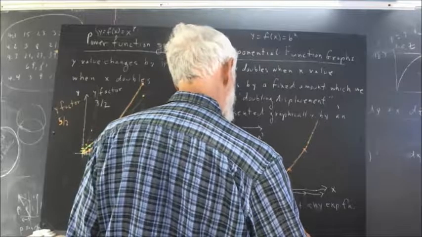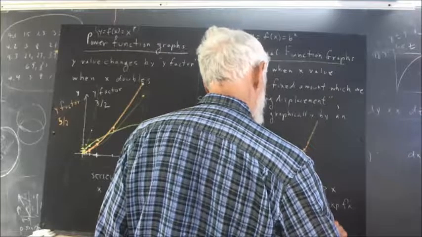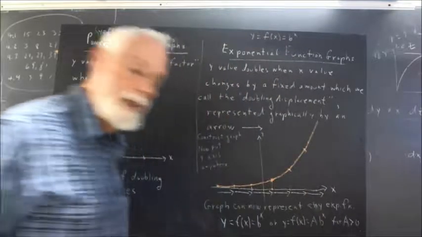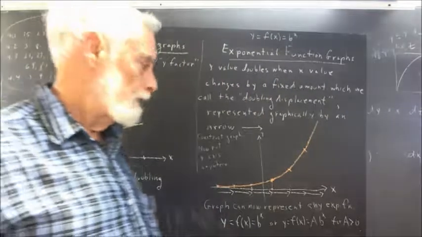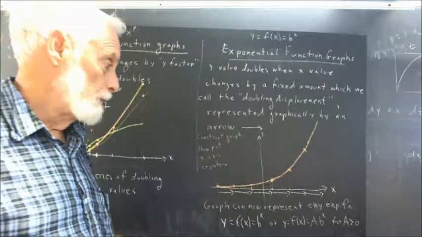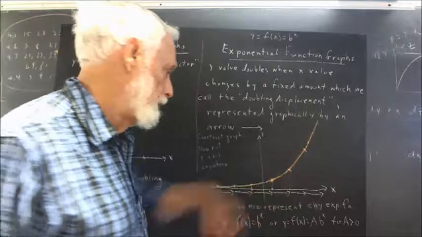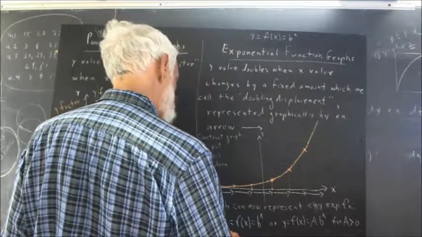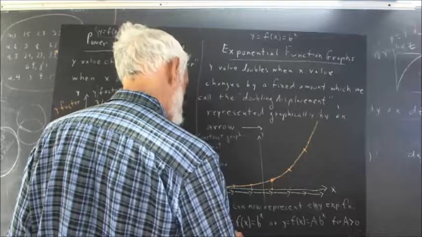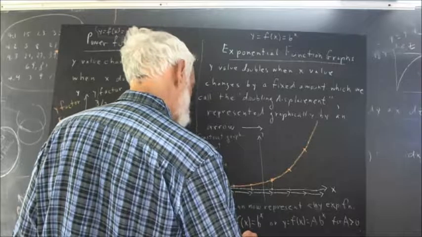Or y equals f of x equals a times b to the x for positive value of a. If there's a negative value of a, then the graph is just flipped over upside down. Has the same look. And the other thing is, for this graph, b has to be greater than 1.